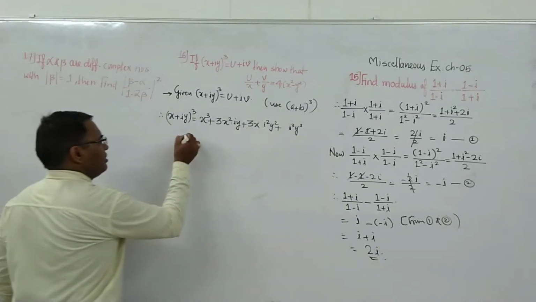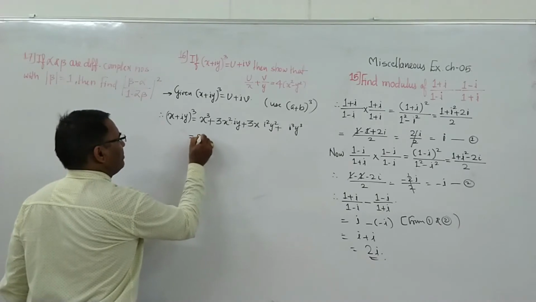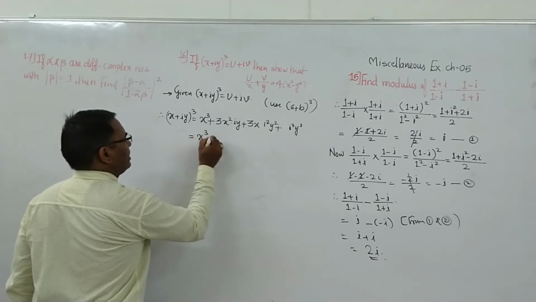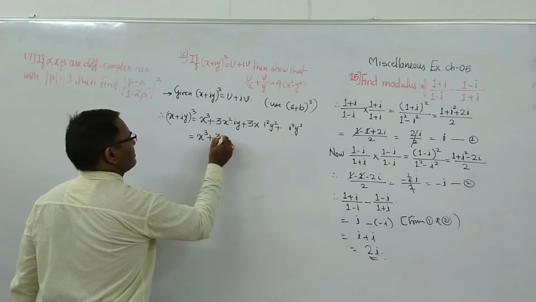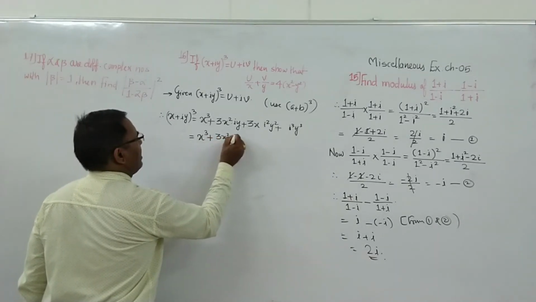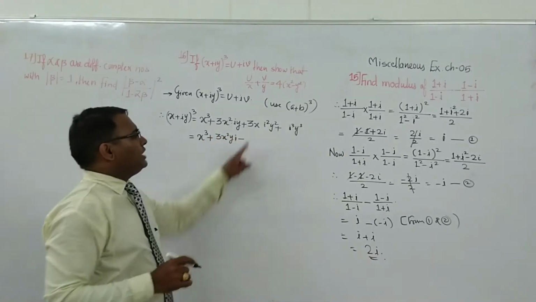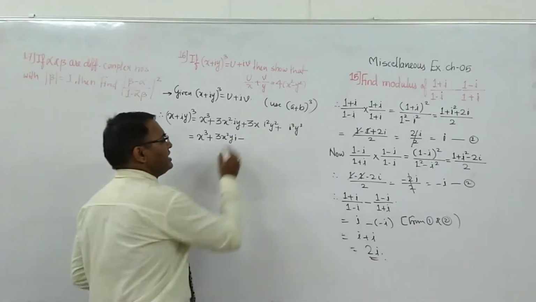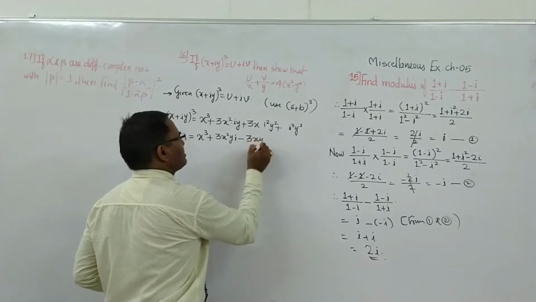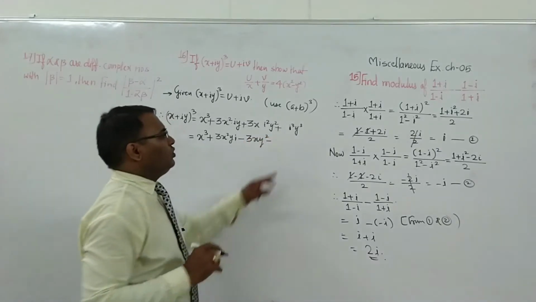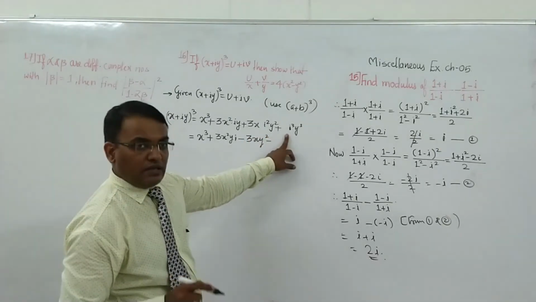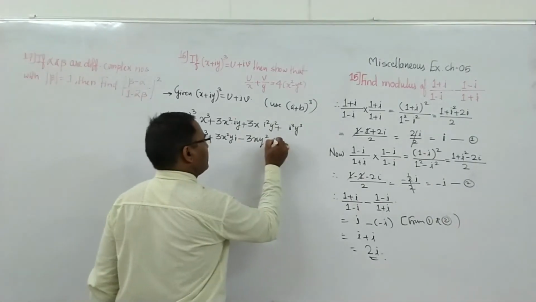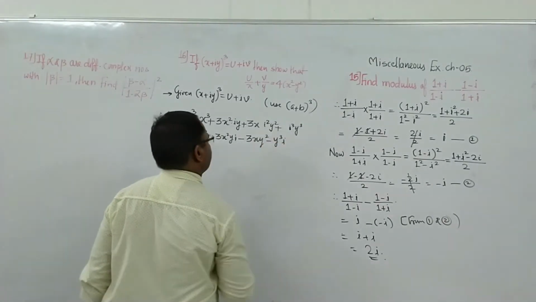Now it will be x cube plus 3x square y i. Then you know that i square is equal to minus 1, so this will change the sign, and it will become minus 3xy square. And you know that i cube is minus i, so this will become minus y cube i.